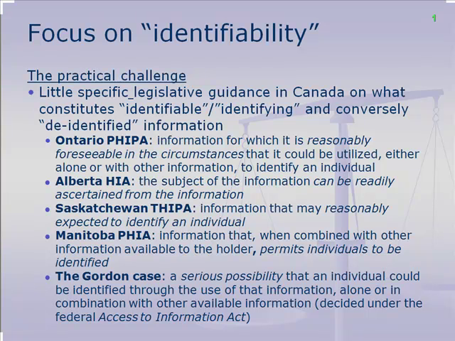And I think it's on the basis of those precedents that people interpreted serious possibility as a lower standard for identifiability than reasonably foreseeable in the circumstances, for example, the Ontario standard. So I'll get back to you on that. Deborah, do you have anything?